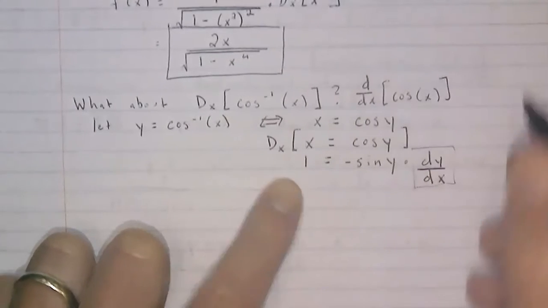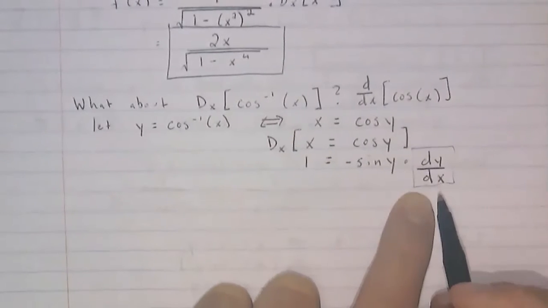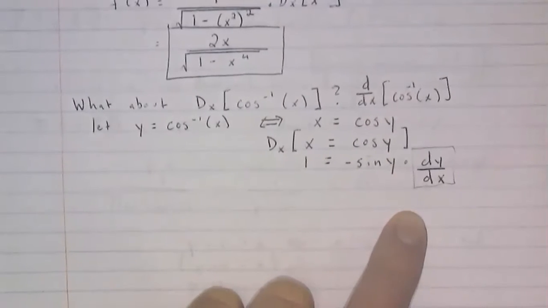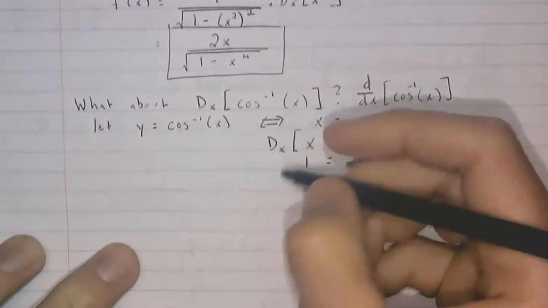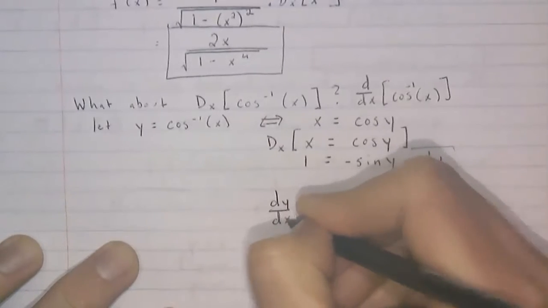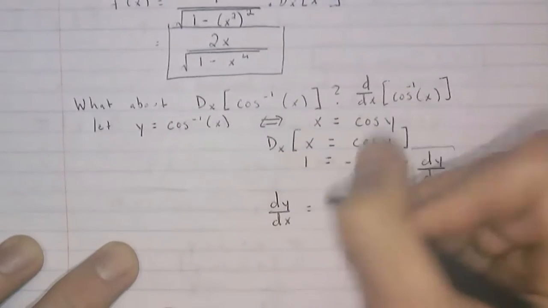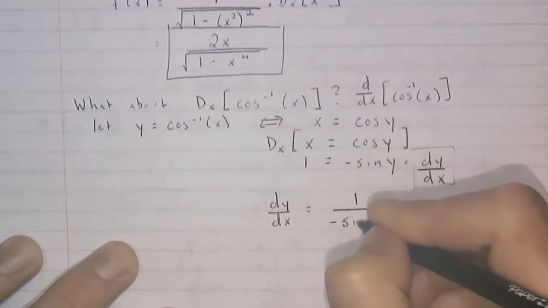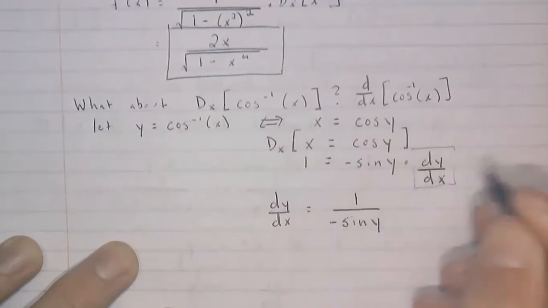We want the derivative of y with respect to x, sorry, inverse. So rearranging this, we get that dy dx is equal to 1 over the opposite of the sine of y.